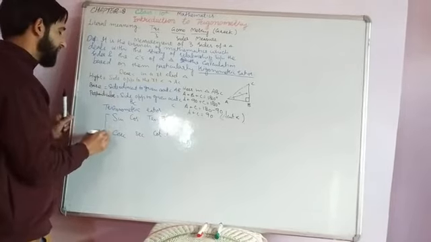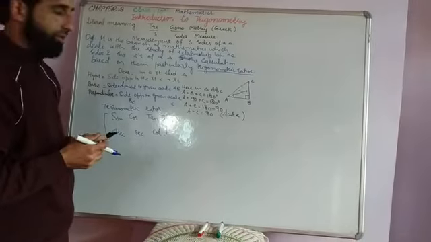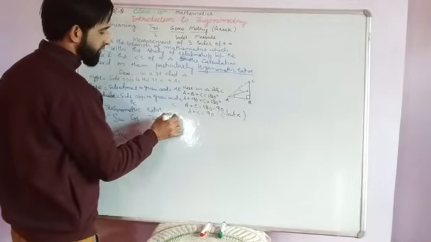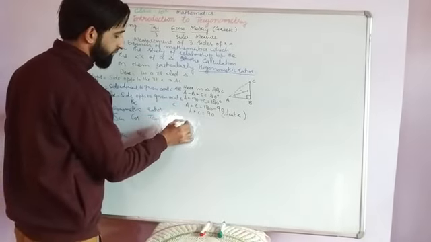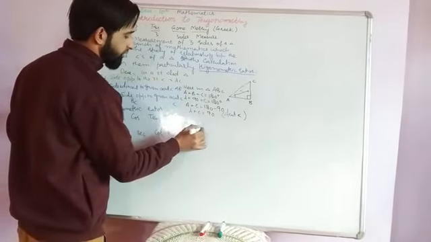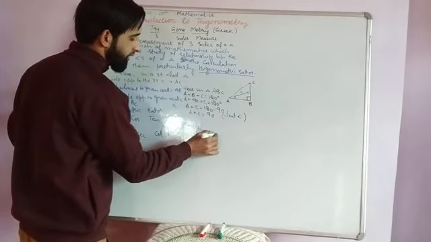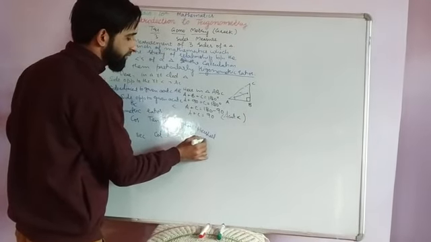The names of these six trigonometric ratios were suggested by Sir John Herschel in 1813.